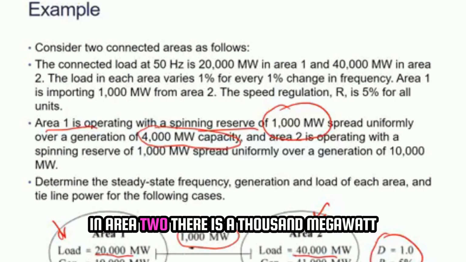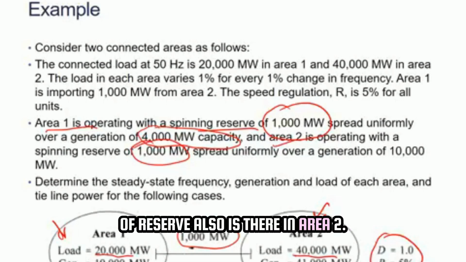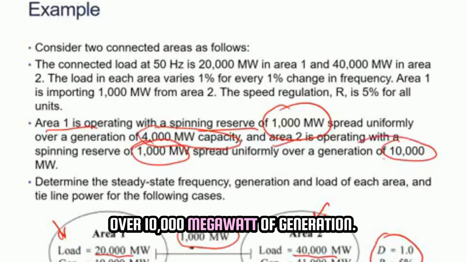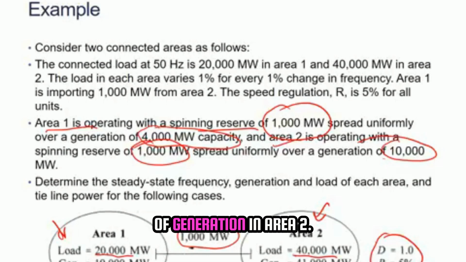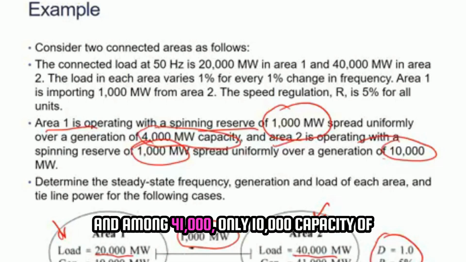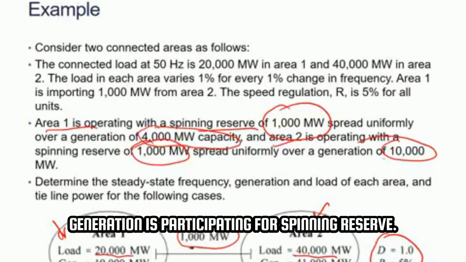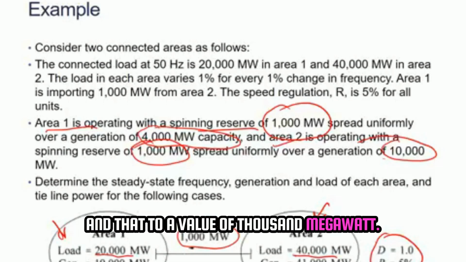In area 2, there is also 1000 megawatt of reserve, uniformly spread over 10,000 megawatt of generation. There is 41,000 megawatt of generation in area 2, and among that only 10,000 capacity is participating for spinning reserve, to a value of 1000 megawatt.